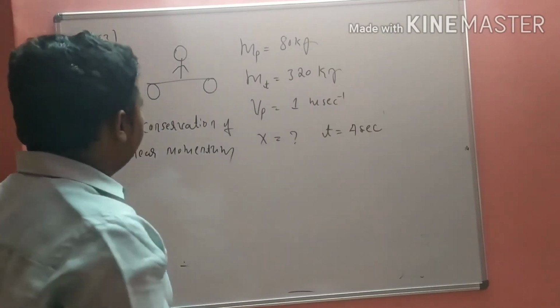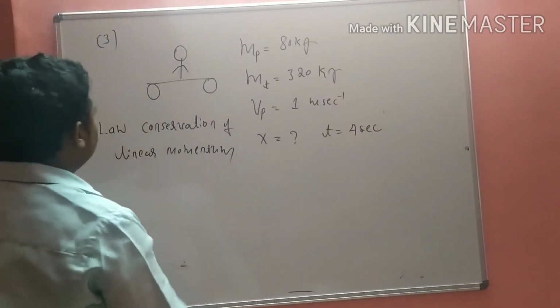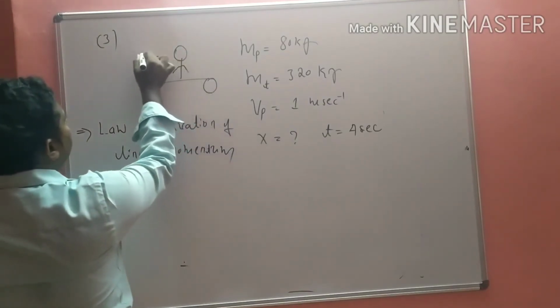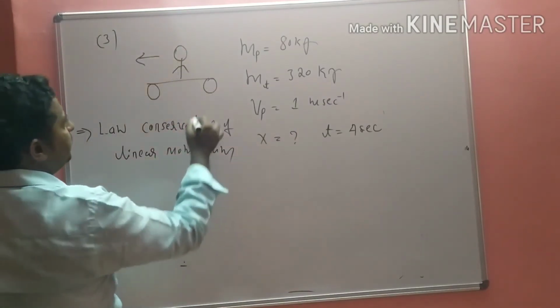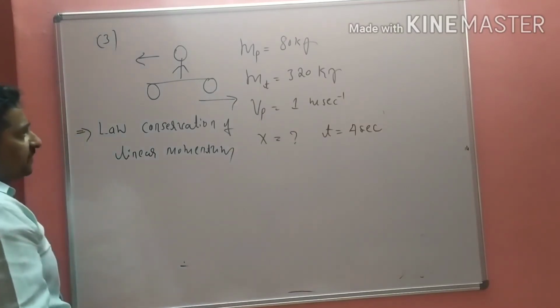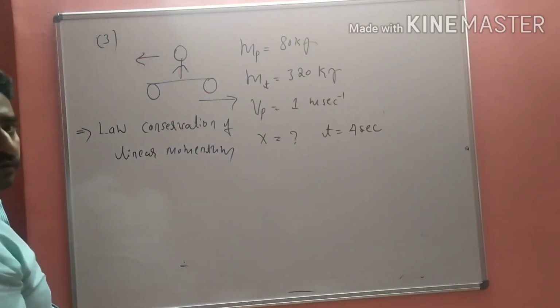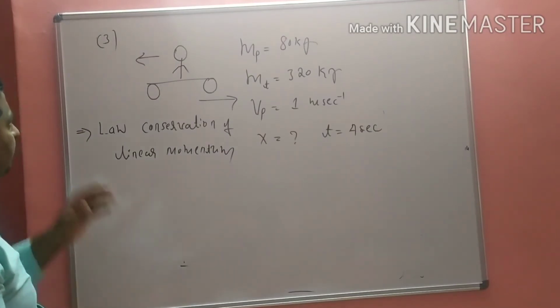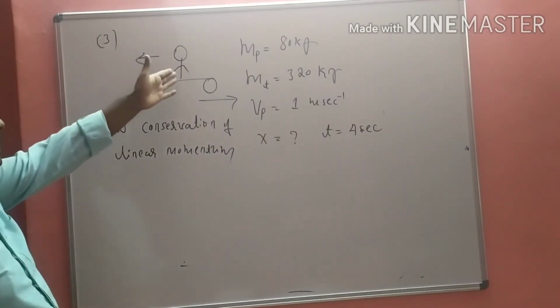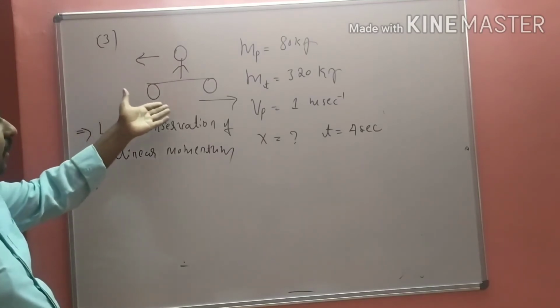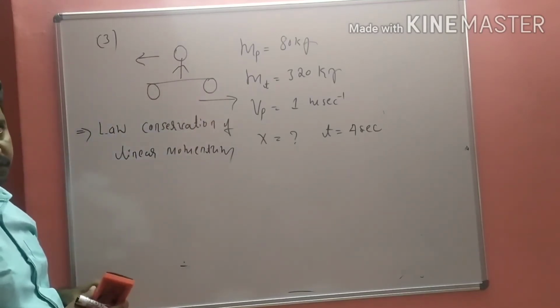The concept remains the same. Now the man is moving with this speed and the trolley is moving with that speed. The momentum of the man is in the forward direction, and the whole system is in the backward direction.